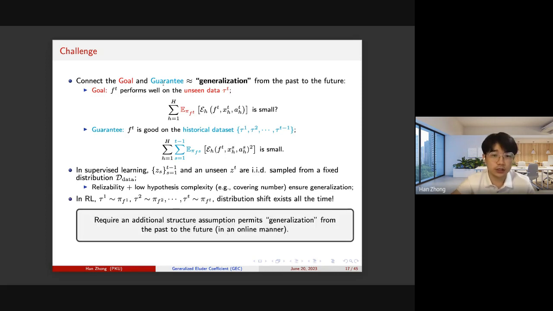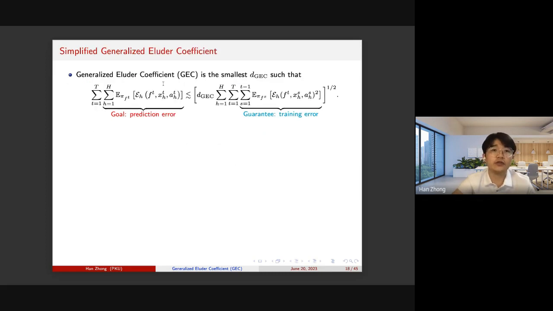But things are different in RL, since the trajectories are sampled from different distributions, so the distribution shifts all the time. So we require an additional structural condition to permit generalization from the past to the future in an online manner. Motivated by this, we can define our simplified GEC as this.